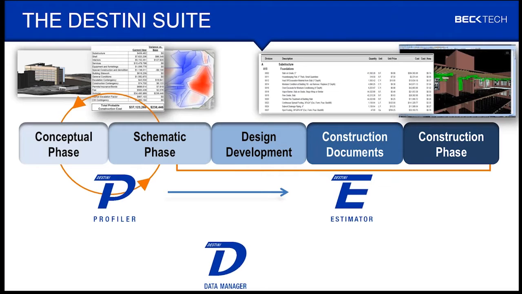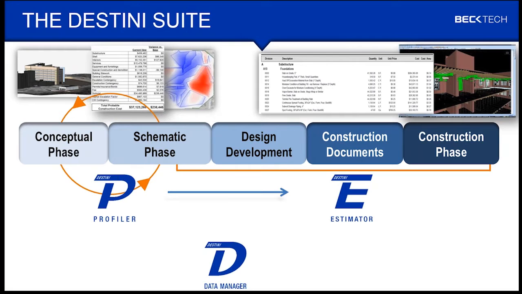Profiler is our virtual planning tool used at the conceptual and schematic phases of a project when there's a lot of uncertainty. Typically, if you're a GC, you receive some deliverable from an architect, which may be a PDF for a potential concept. Traditional methods of producing a conceptual estimate may be to take off some quantities, use an on-screen takeoff, and take those quantities into Excel.